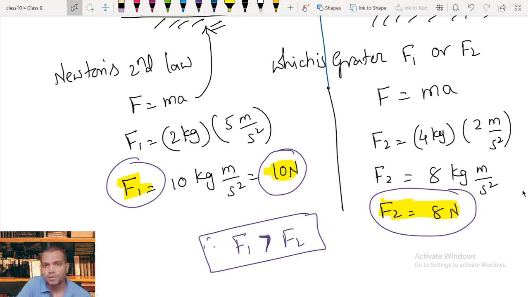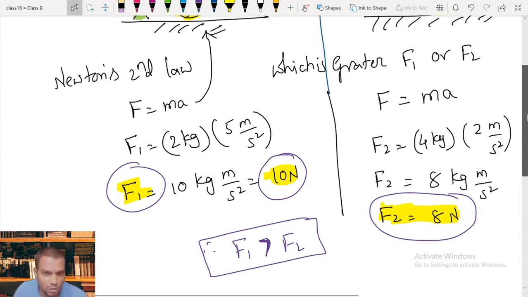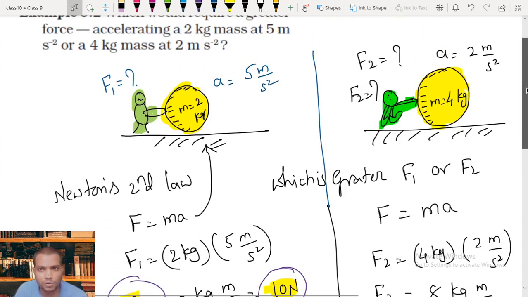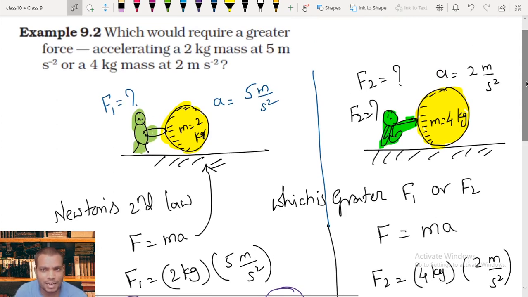Why? In the second case, mass is less and acceleration is also less, so the force required is also less. But in case 1, mass is less but acceleration is more, so obviously the force value will increase.